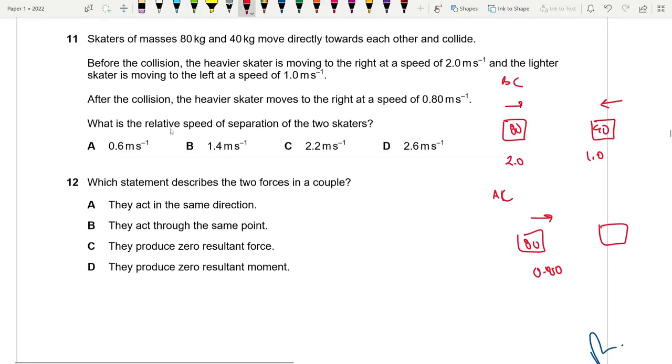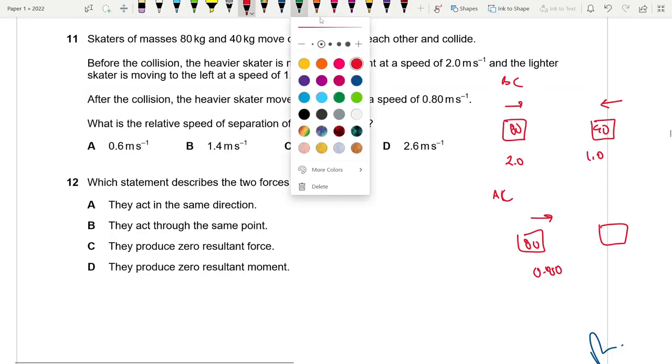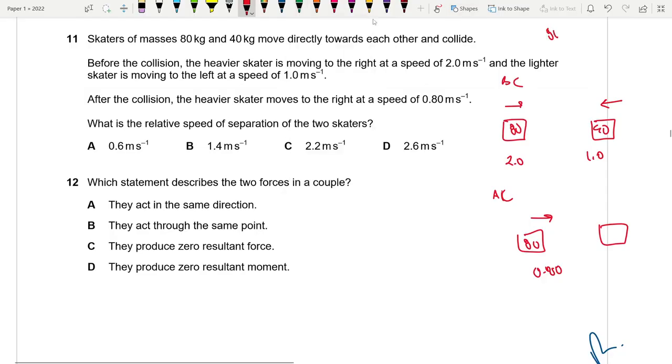We don't know. Okay, so what's the momentum before collision? Actually, 80 times 2 minus 40 times 1, which is 160 minus 40, which is actually 120. Okay, so it has to be 120 over here as well.